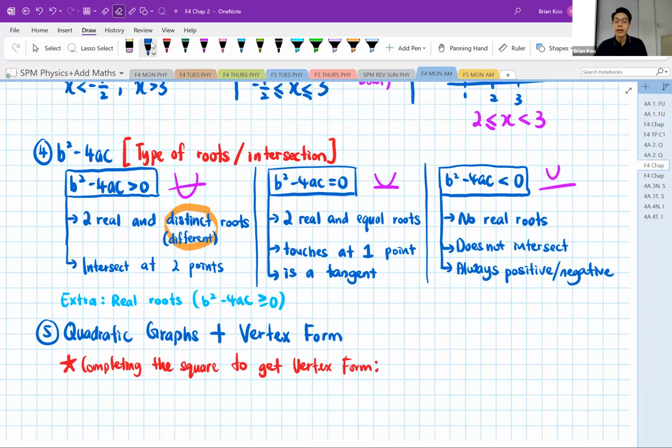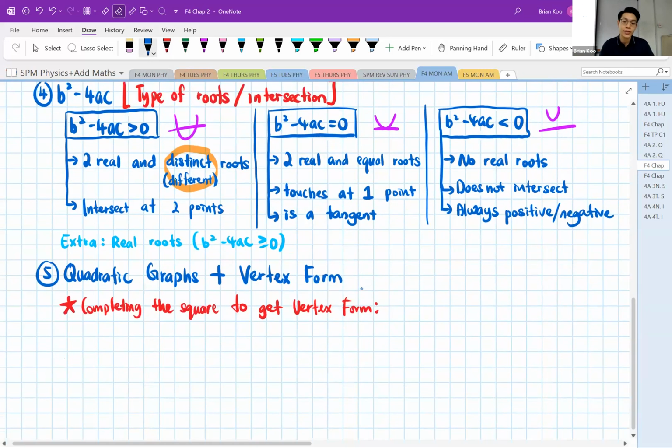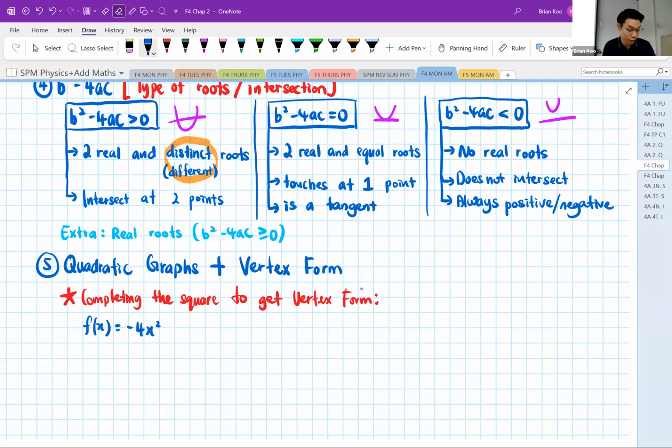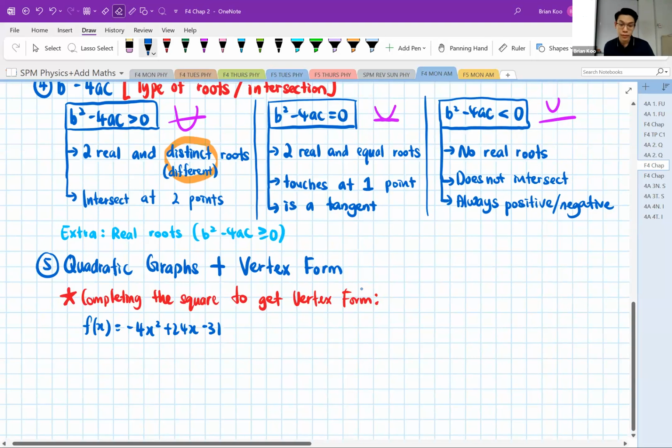I think the easiest way to remind you of this is I just give you an example, and you go ahead and complete the square like how you usually would. Then in each of the steps, I would just highlight to you why we do like this. So, first step, we always factorize. We always want to make sure that it must be 1x squared, it must be positive 1.